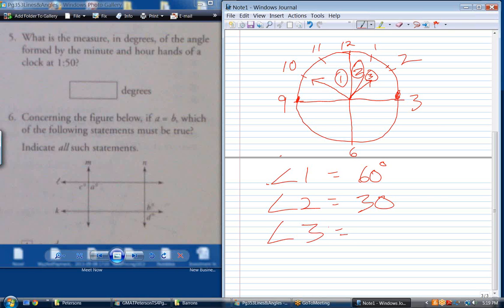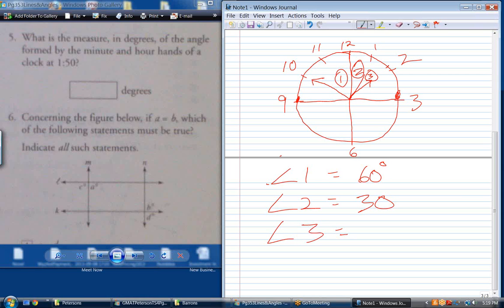Well, that's a little harder, but because it's in between 1 and 2, it's less than 30. How far in between? Let's say the big hand was pointing towards the 6 instead of the 10. Where would the little hand be? It would be exactly halfway in between the 1 and the 2.